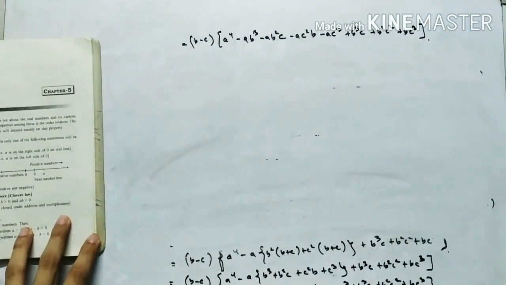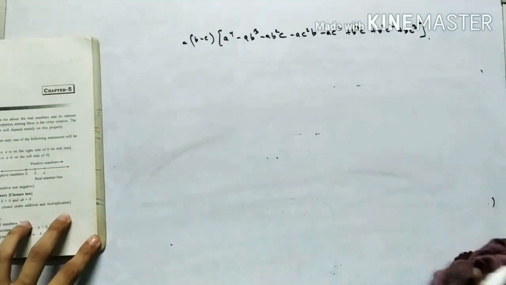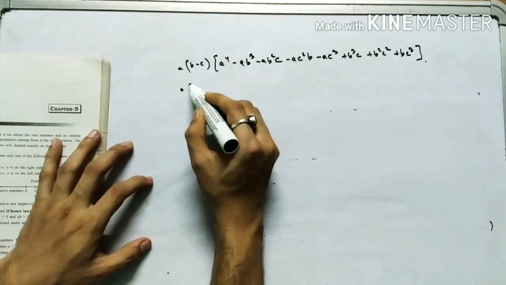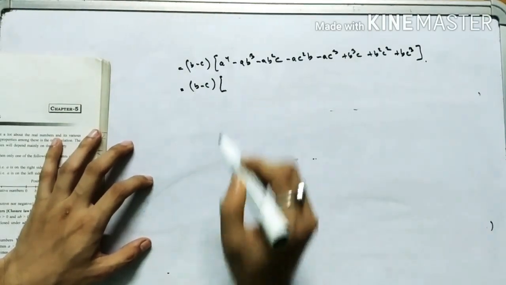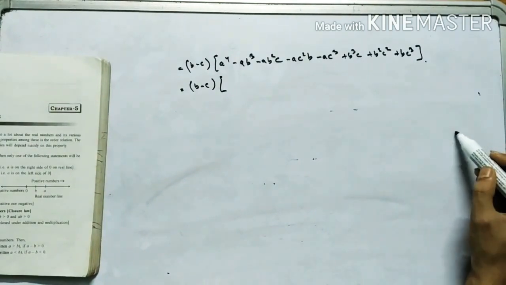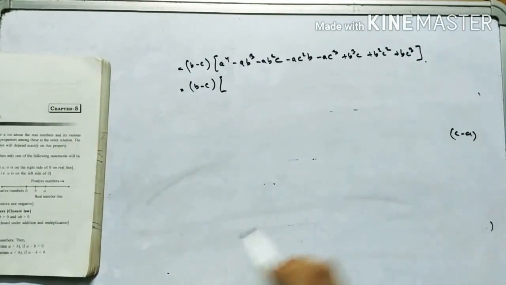Okay, this one I got. So now what I will have to take out? I will have to take out c minus a. So these arrangements are very important, because if you make a mistake, you might not get the solution. This is c minus a I will have to take out.